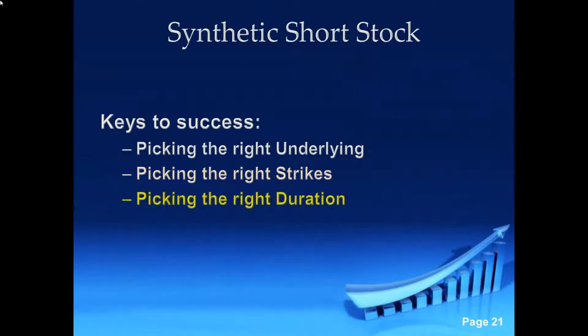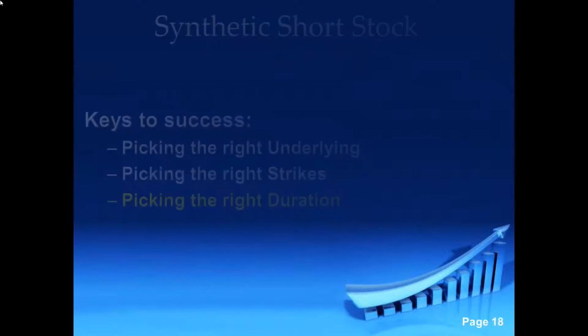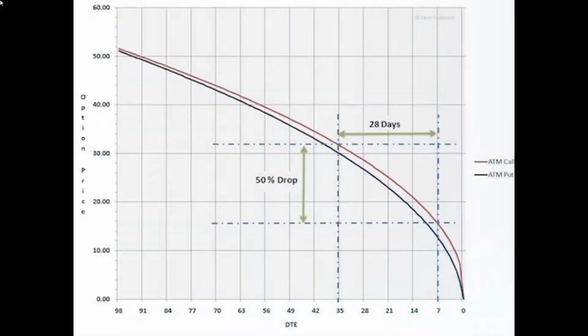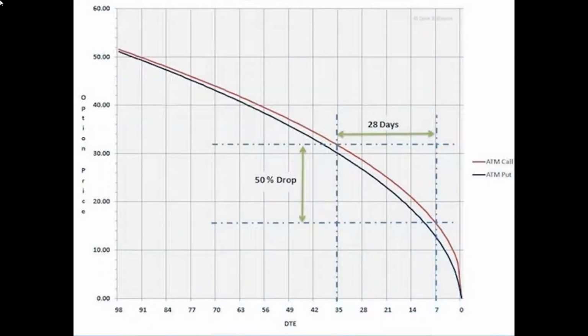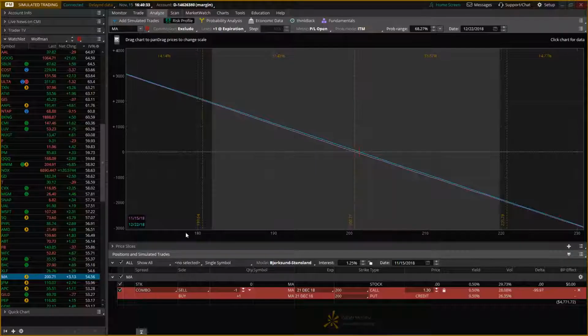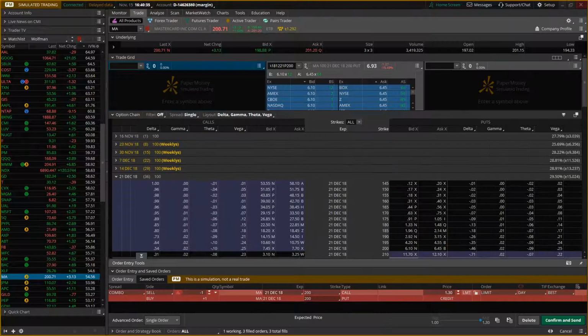The right duration, I talked about this. We could do this basically in just about any monthly expiration cycle, okay? I just built this one out in the December, which is closest to expiration.